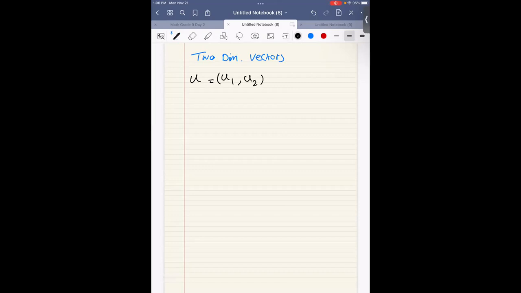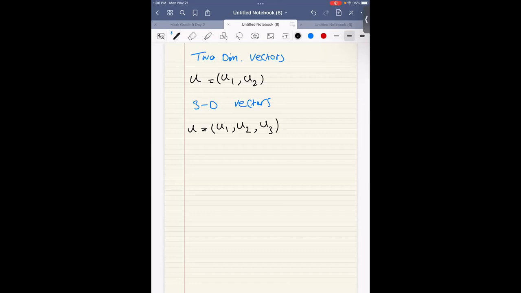For three-dimensional vectors, as it sounds, you have three components like u1, u2, u3, and so on. So you can have higher dimensional vectors, okay?